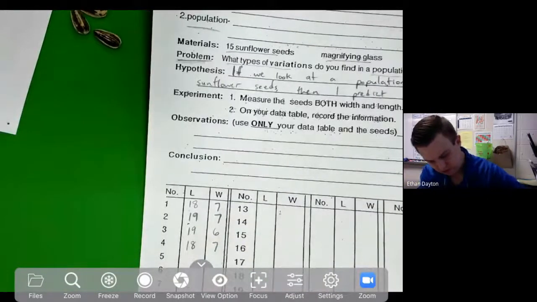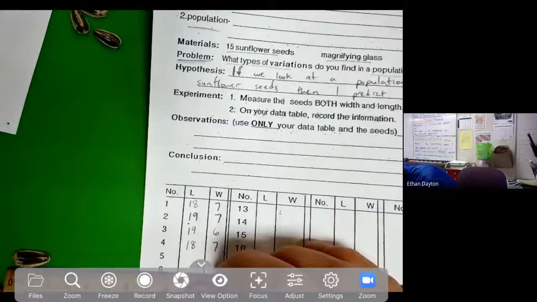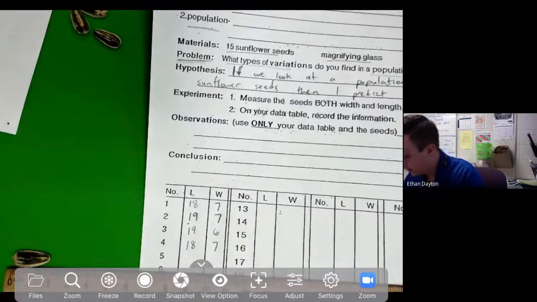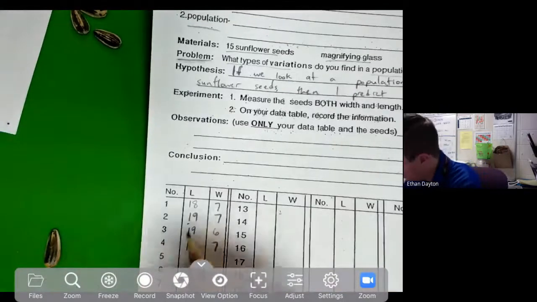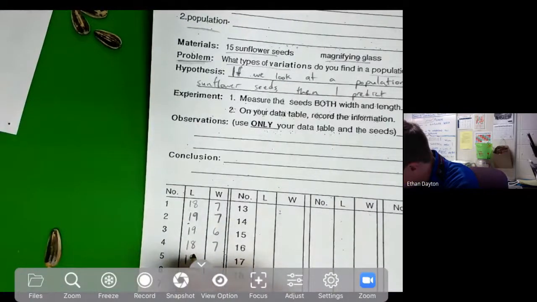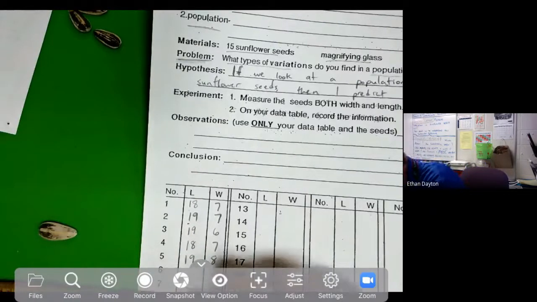My width, staying pretty consistent. Ooh, let's see. 19, and 8 for number 5.